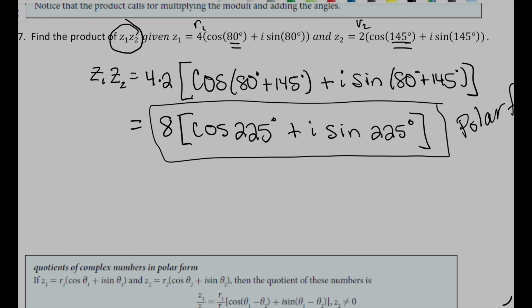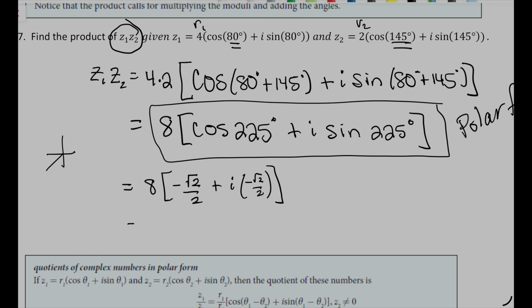So if we want to keep going, what is the cosine of 225 degrees? Well, hopefully you know your unit circle. It's down here. So negative root 2 over 2 plus i sine of 225 is also a negative root 2 over 2. And then we distribute our r.